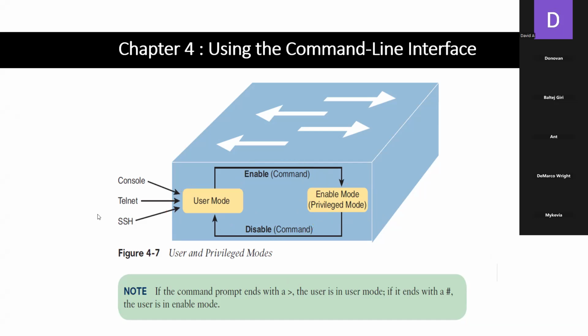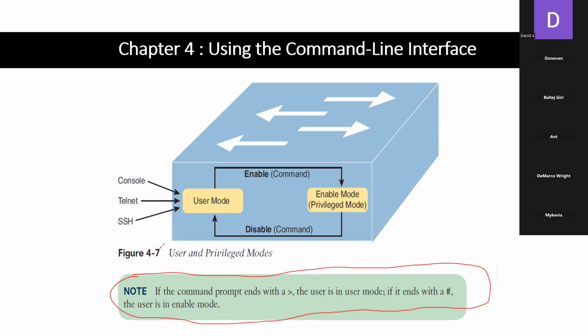And of course, we'll have a lab that goes through all this. One quick note before we hop off of this diagram is I wanted to make sure I capture this, right? Okay, if the command prompt ends with a greater-than sign, the alligator facing to the left, right? You are in user mode.